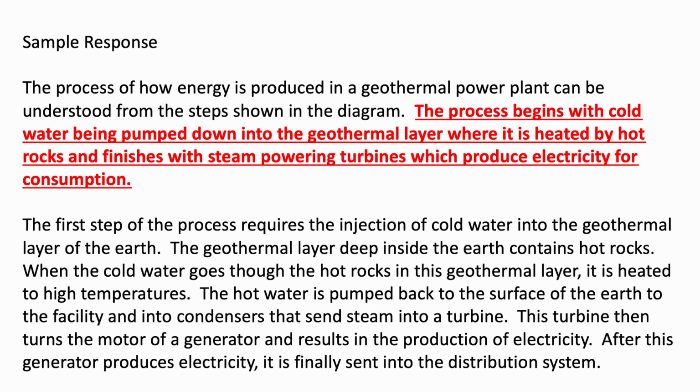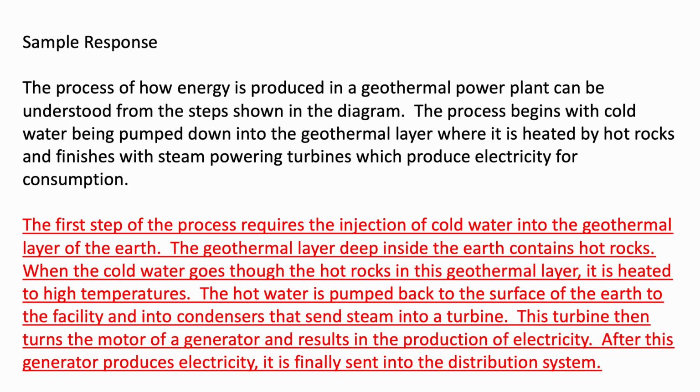Do you see here? This is an overview of the key features for this process. I basically tell the big picture of what is shown in the diagram. And then the second paragraph gives more detail.